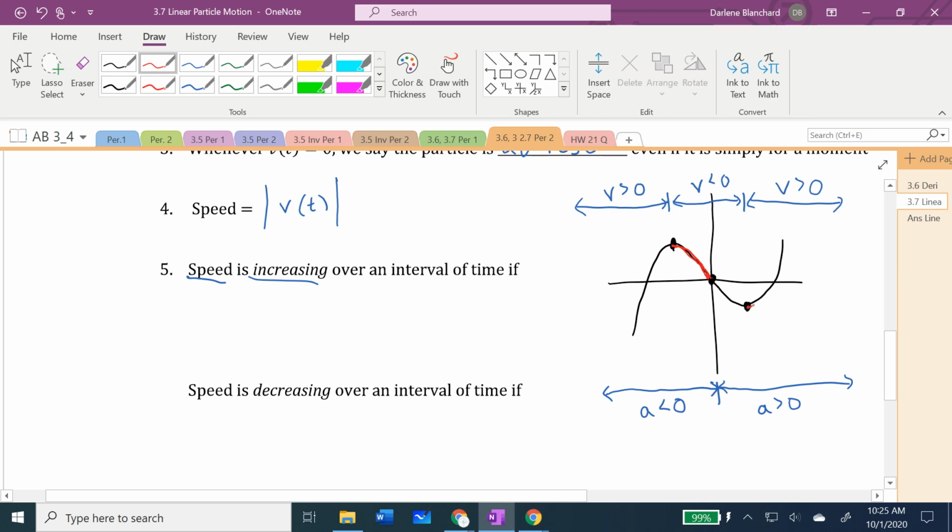And the slopes were steepening here to here. Those are where our speed was increasing. Then, what were the intervals where we were getting less steep? Less steep, less steep, less steep, less steep. That's where our speed was decreasing.